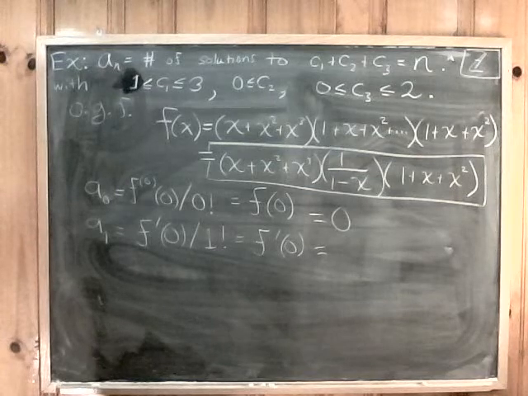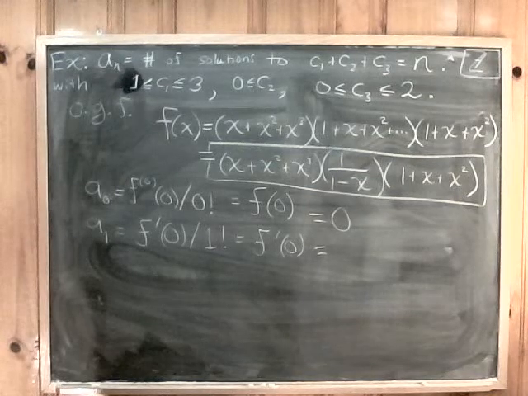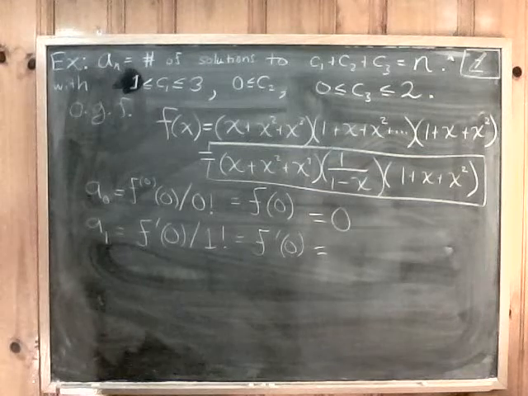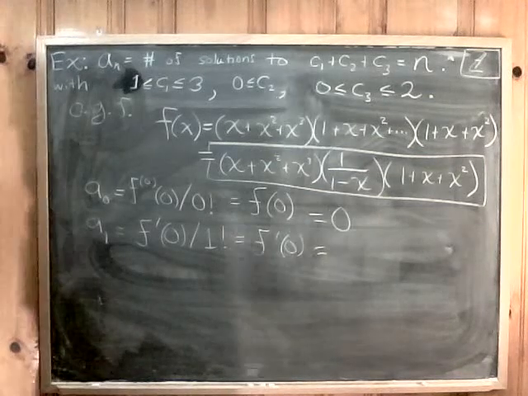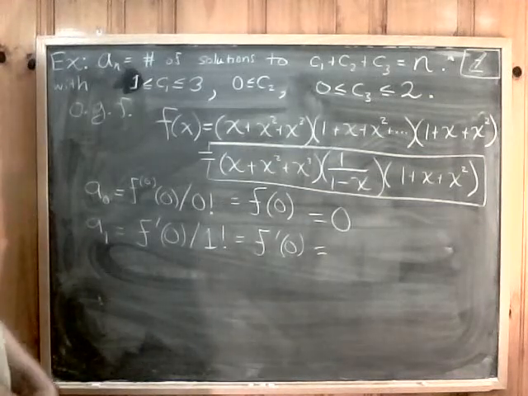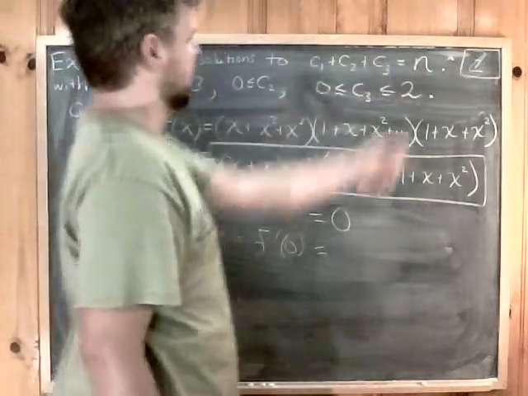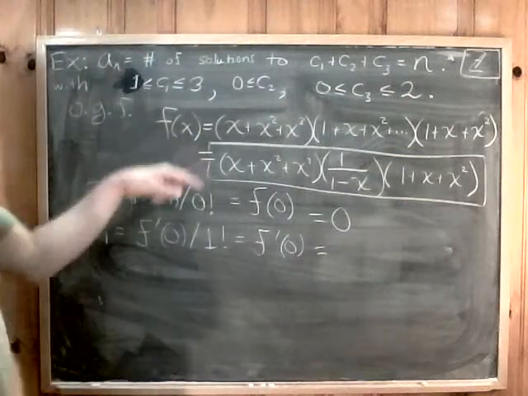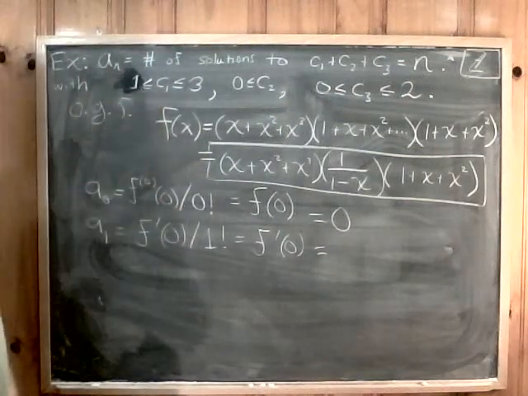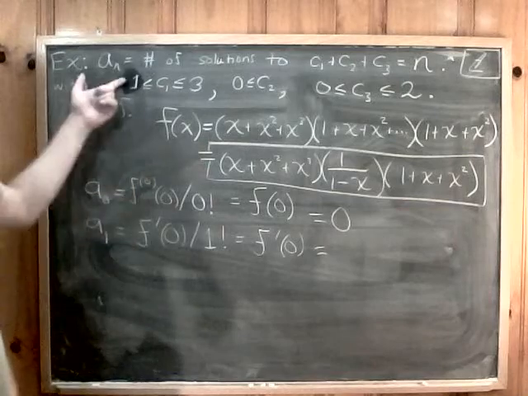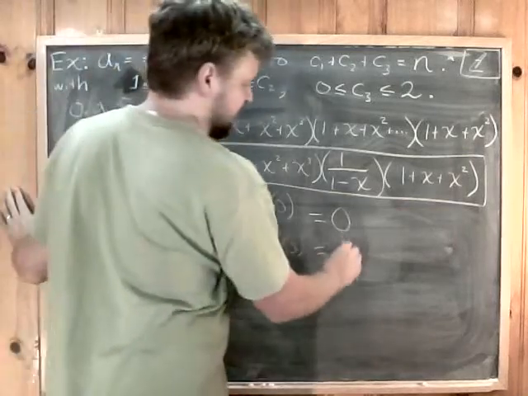I'd plug it into the computer and make it take the derivative since it's kind of long. But we should be able to figure out what the answer should be. The only way to get an answer if we put n equal to 1 is if c2 and c3 are both 0 and c1 is the 1. So there should be only one answer to that.